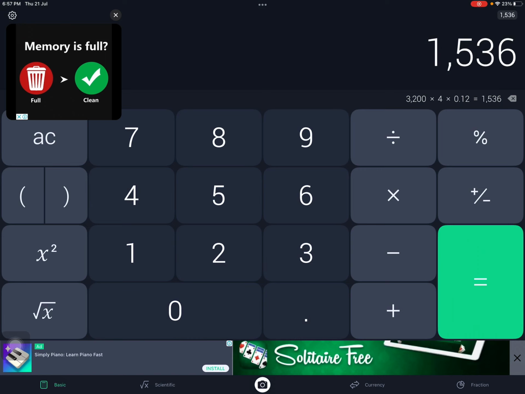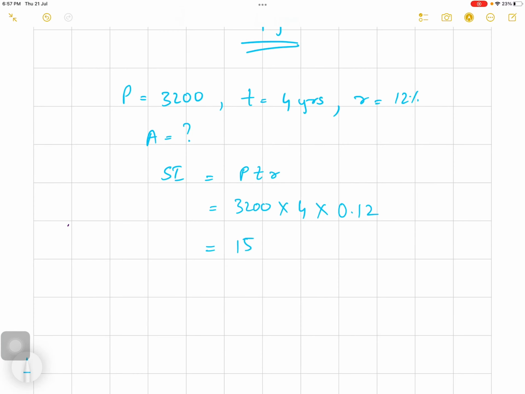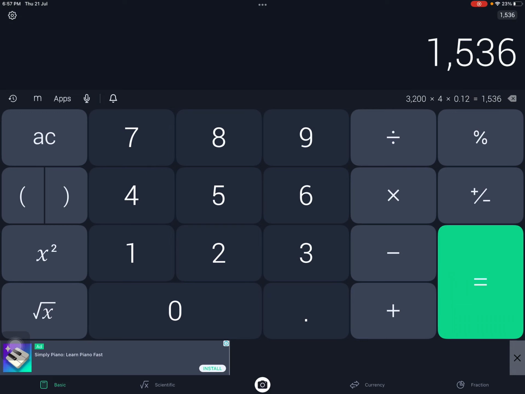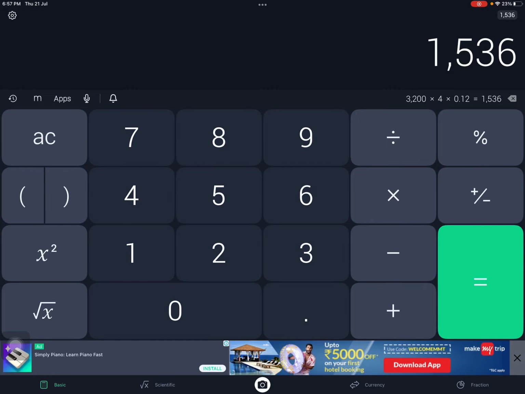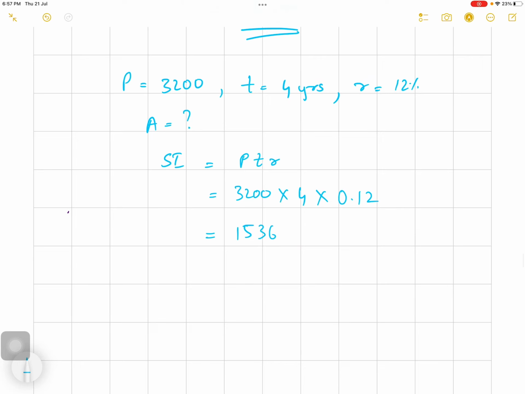Okay, so that means simple interest is 1536. 3200 into 4 into 0.12, yes, 1536. So simple interest is 1536, but simple interest is not asked, A is asked.